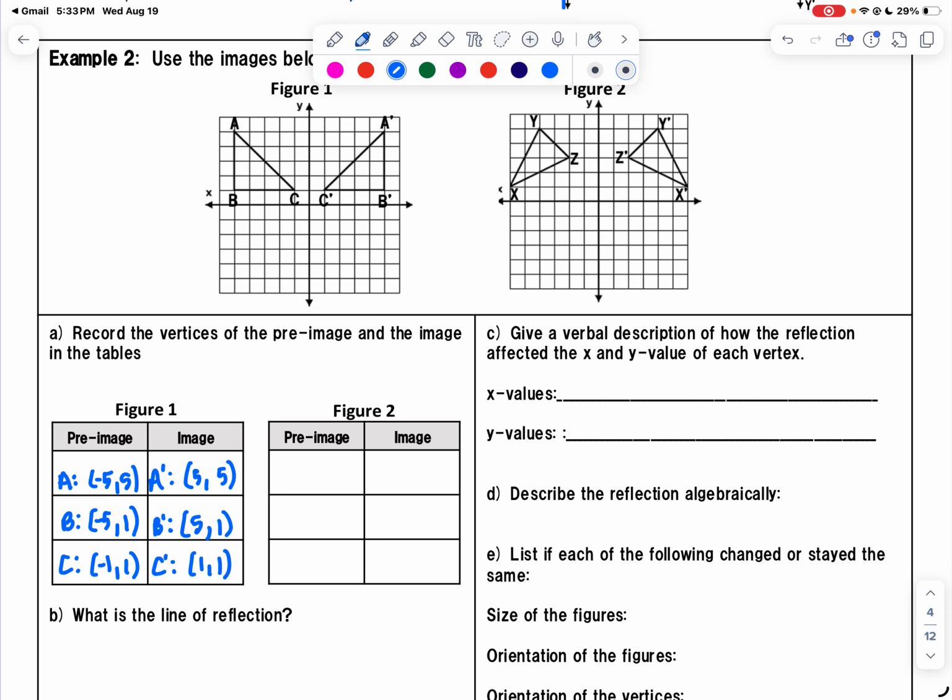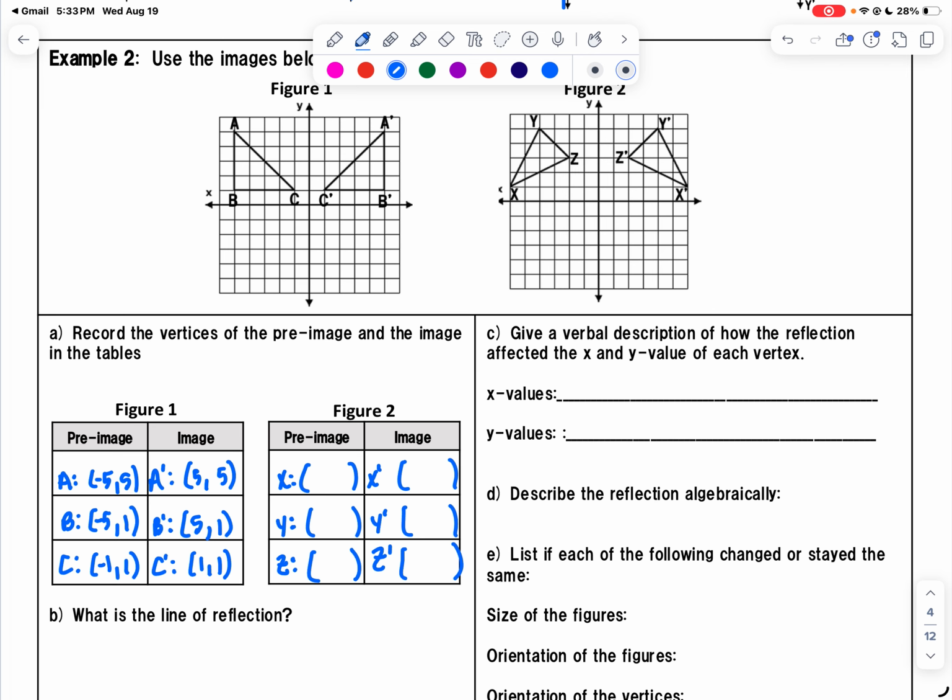All right. Now in figure 2, we're going to look at X, Y, and Z, and then X prime, Y prime, and Z prime. So what I'd like you to do is pause the video and identify these coordinates on your own. When you're ready to check your answer, press play.